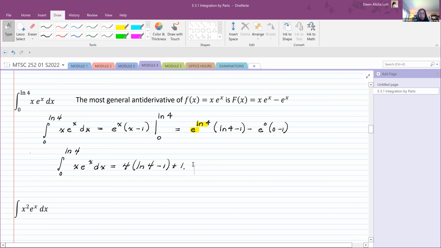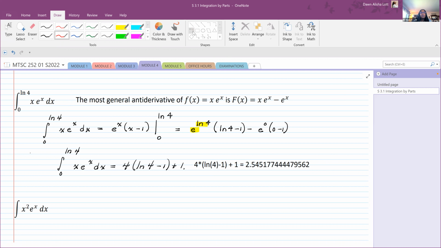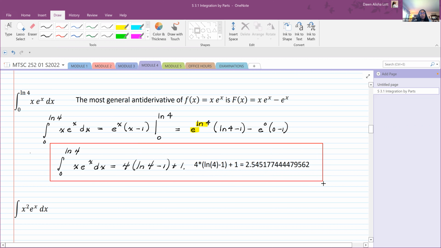It might. 4 times natural log of 4 minus 1 plus 1. Yeah, there's the answer. It actually gave me the value. But this one, what's different about this one? This one was a definite integral. So for a definite integral, I'm going to get a number as an answer. And that's what we got.